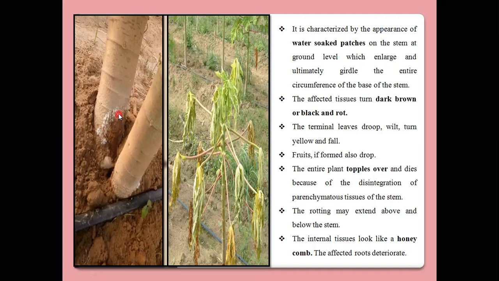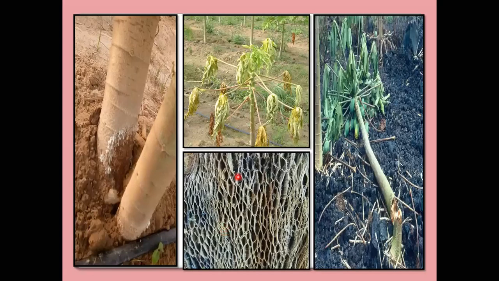Such an infected stem or plant is uprooted and the internal tissue of the stem is cut. A honeycomb-like appearance is seen in this section.